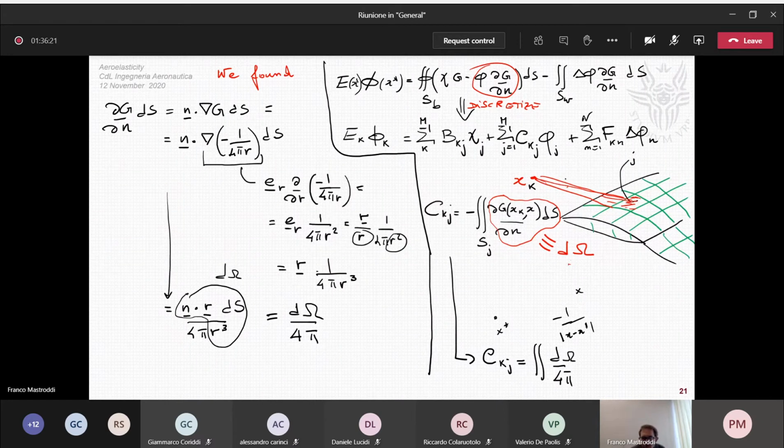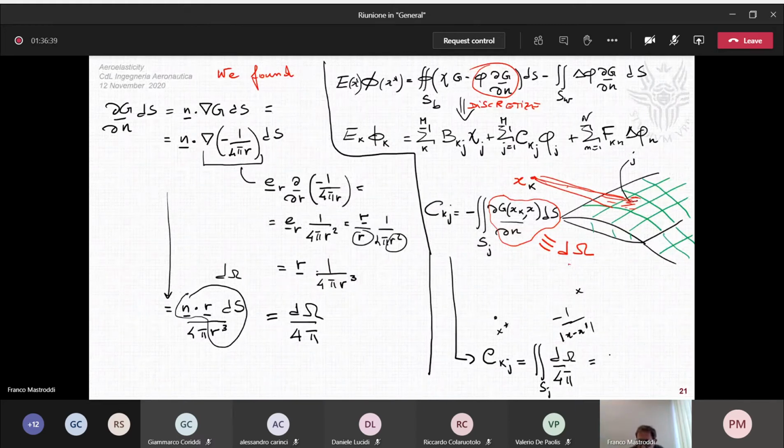So you have just the integral of d omega on the panel Sj, which is the solid angle associated to the panel J when you see the panel from the point K.